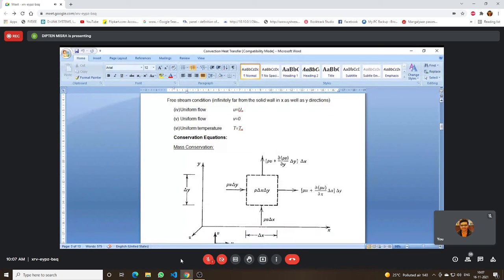Now we will show you the derivation in a very hurried form, because you have already studied it, and this derivation will also be required for the derivation of the energy equation. That's why we need to discuss everything together.